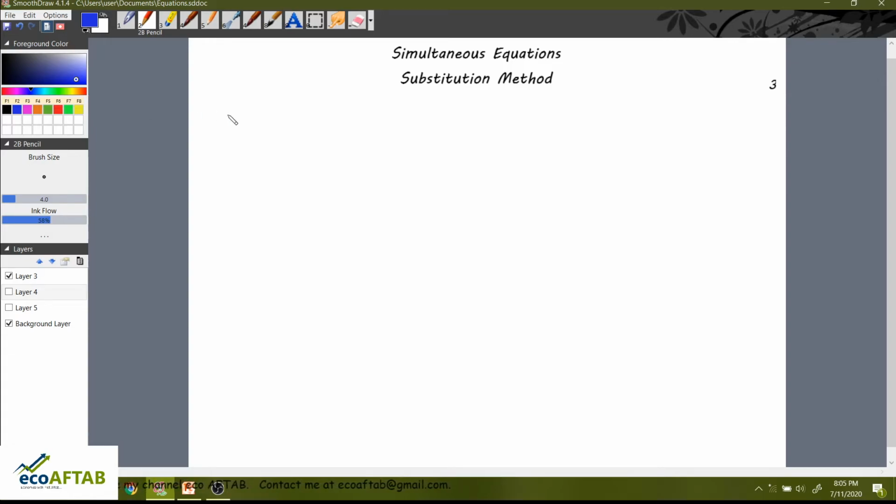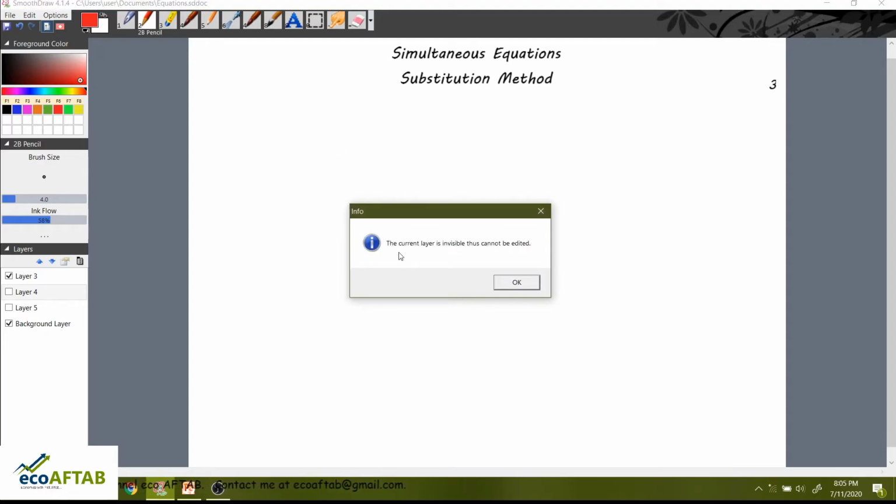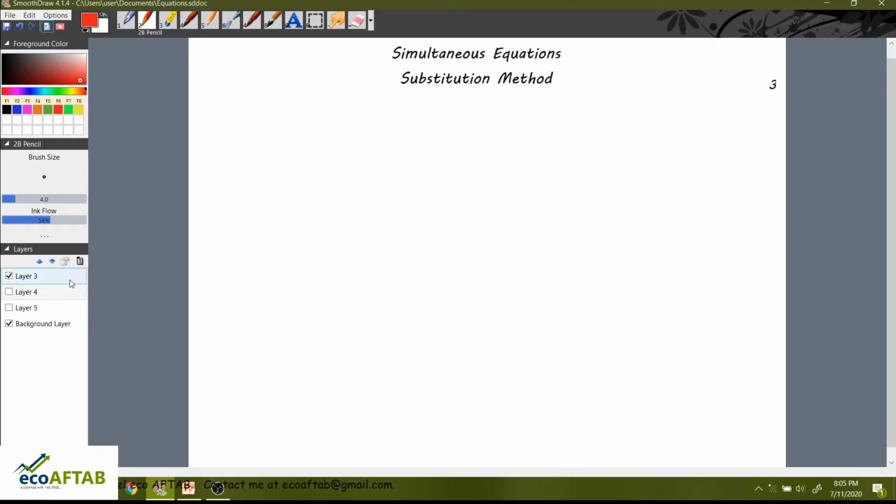For our example, let us take the case of two equations. The first equation is 8PB minus 3PM is equal to 7.